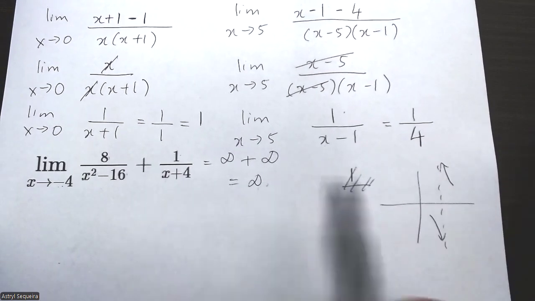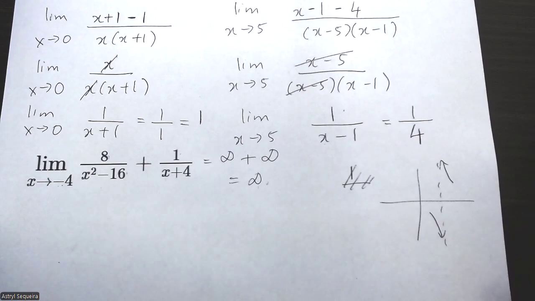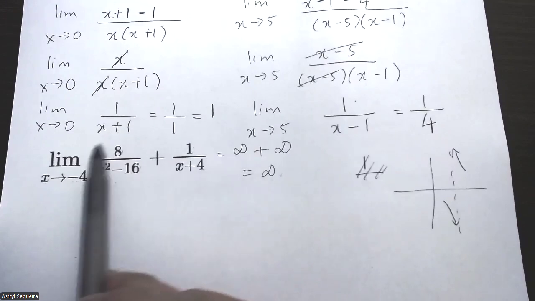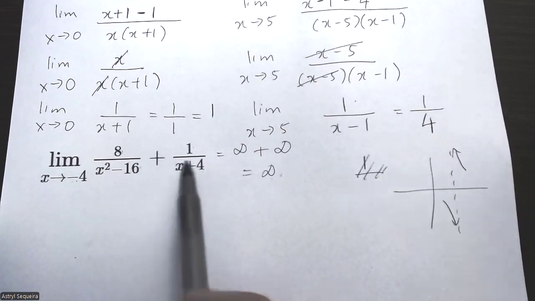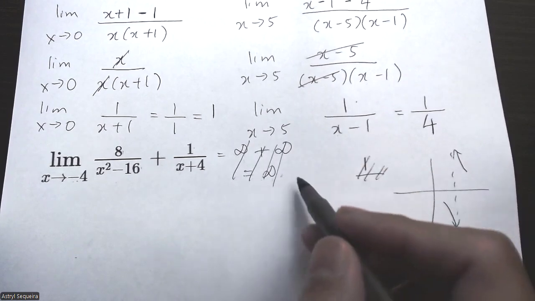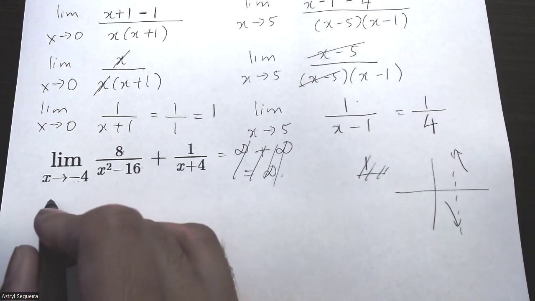So without getting into all the details, because all of that is not really important unless you're doing an AP math course, you just want to notice that you need to do a common denominator here. And this is not the right solution, even though it's not an indeterminate case.